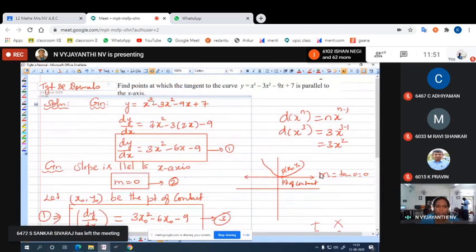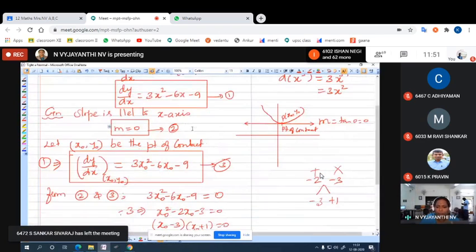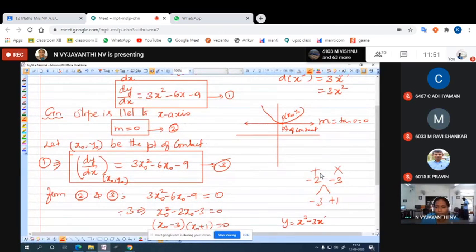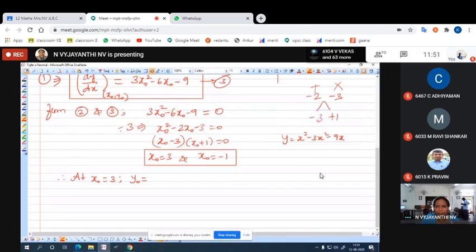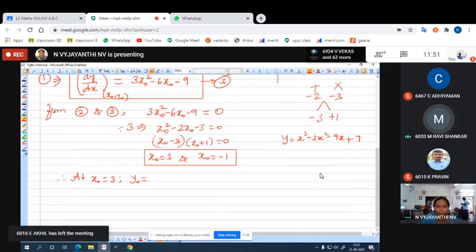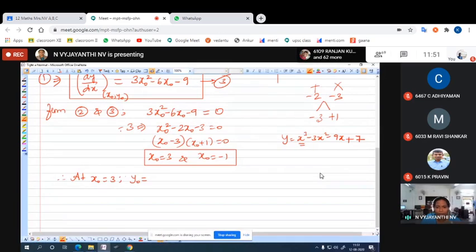So we have to bring this y here: y = x³ − 3x² − 9x + 7. Substitute here. So if you put x₀ equal to 3, what will you get?